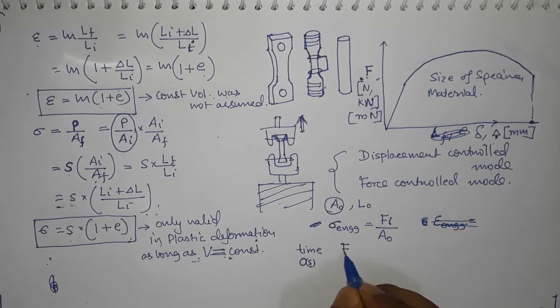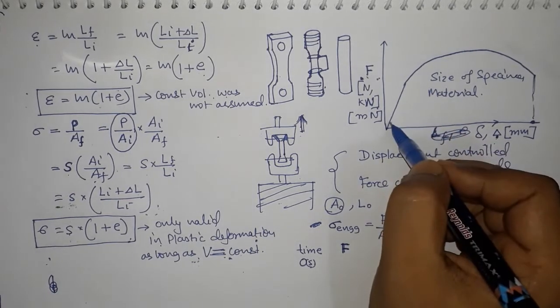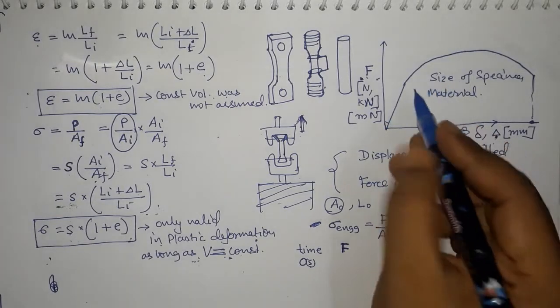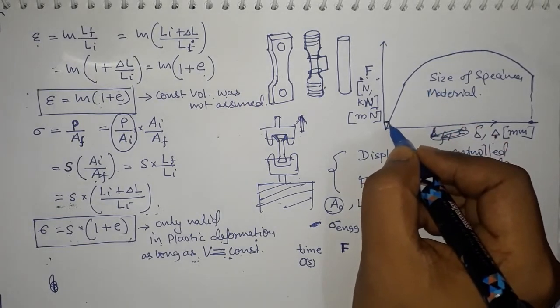And when you started the test, just to be sure, and we will discuss this again in the tensile testing part, you apply a little bit of force there. You don't start with a 0 force. You apply a force which is here somewhere, so you are sure that you are not deforming the material to a very high strain value.